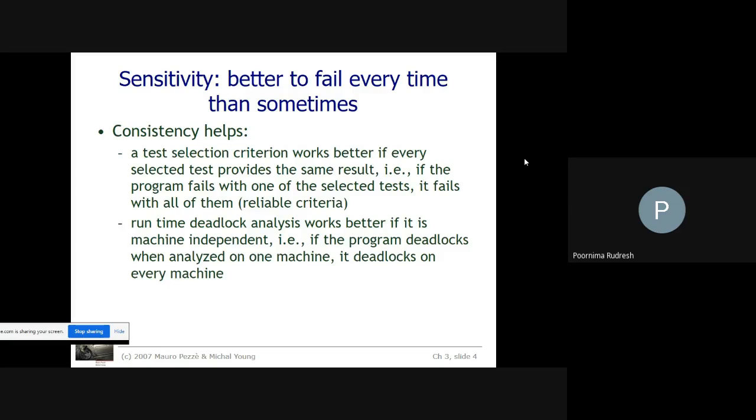And hence, to perform the deadlock analysis, we have to run the developed software on different system configurations. Okay, in this way we can avoid the deadlock situation.